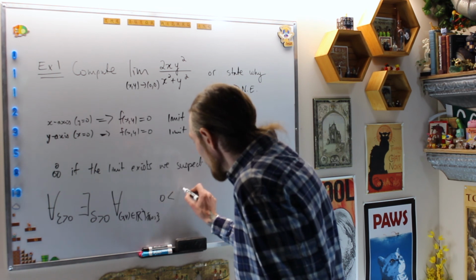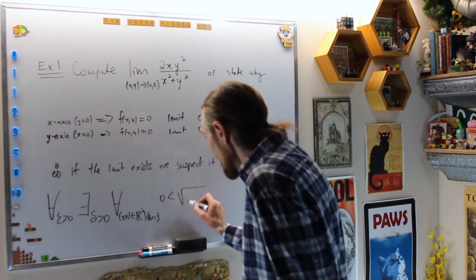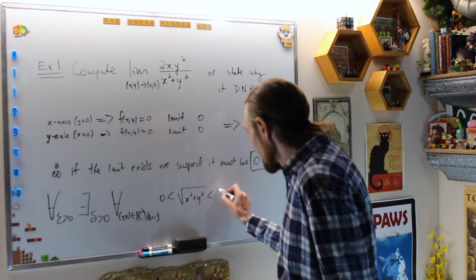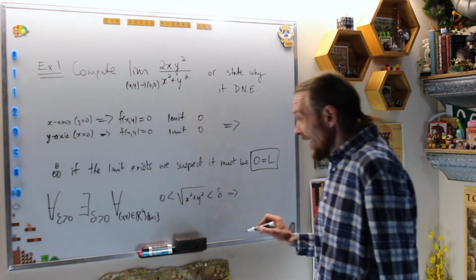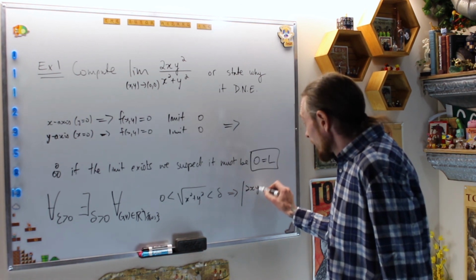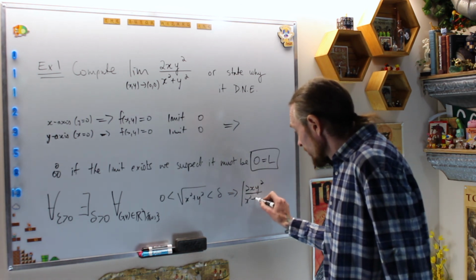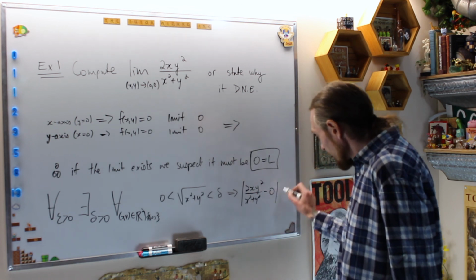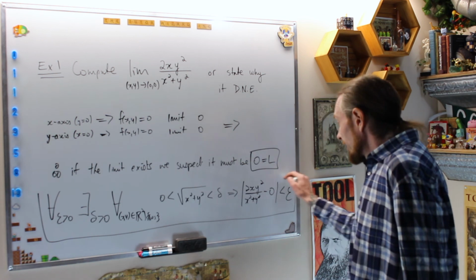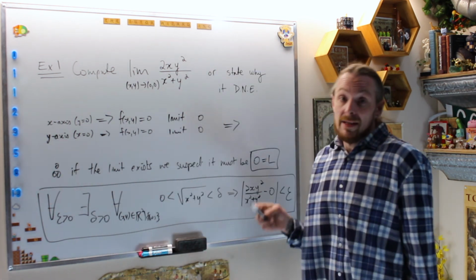If the distance between (x, y) and (0, 0), so the square root of x squared plus y squared, is less than delta, we need that f(x, y), the absolute value of 2xy squared over x squared plus y squared minus 0, has to be less than epsilon. That is our technical definition of a limit.